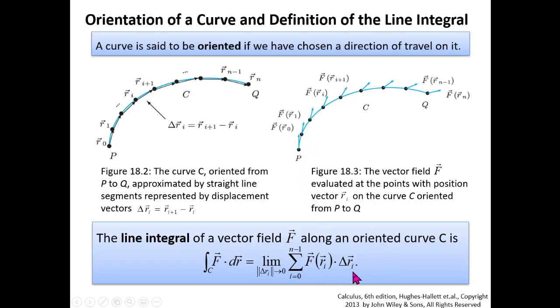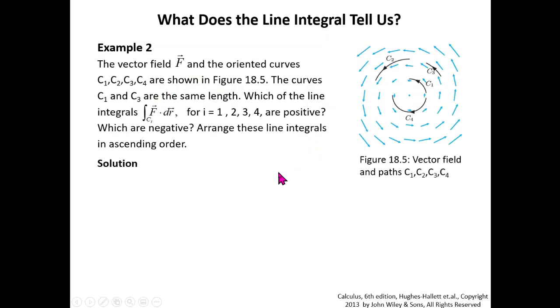And so we can see, if we go with the path, we end up with a positive, in that the force and the path are working sort of together. We get a positive value. When we work against it, we would get a negative value. Okay, so we're going to compare a few things here.